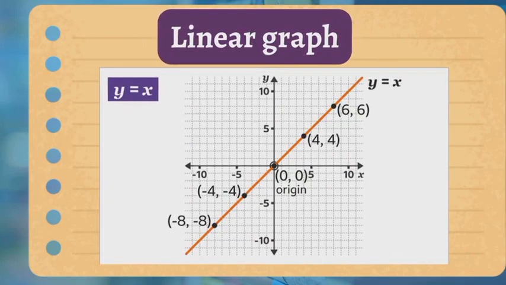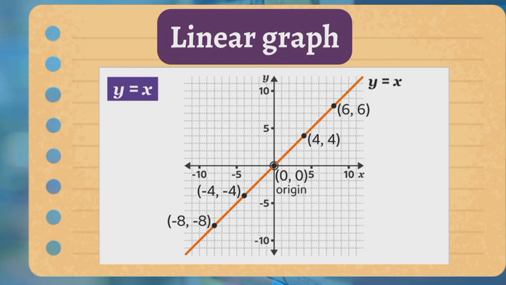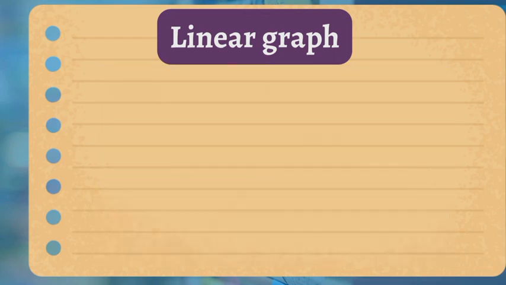Now you can see in the example here the straight line which passes through the origin. This is a graph of a function y is equal to x. This is a linear graph. This is a straight line graph. We are going to understand more of this as we go further.